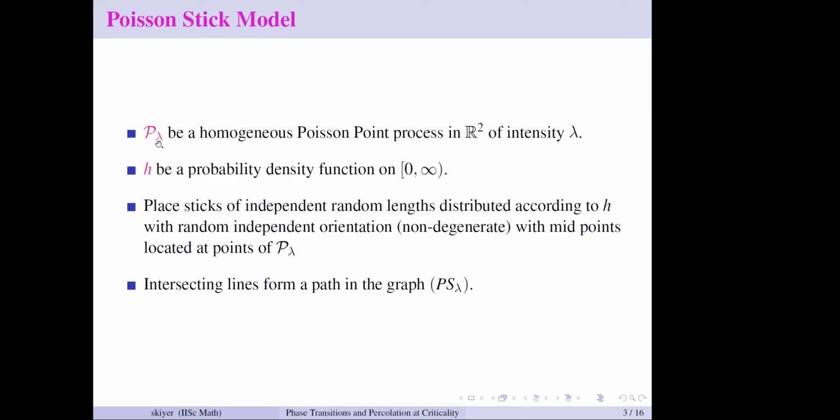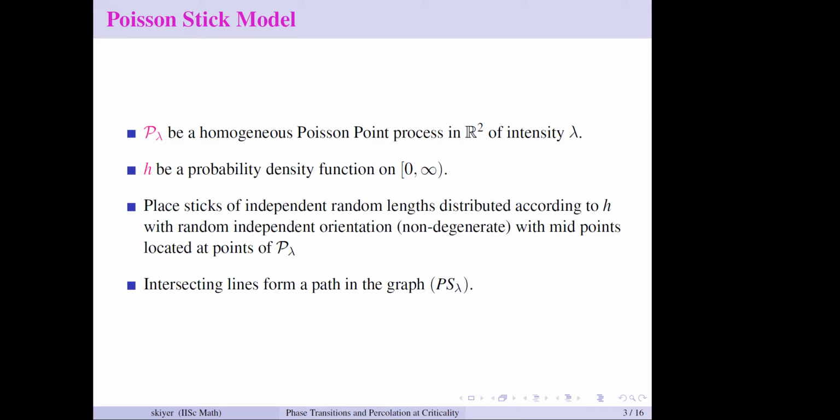What this means is that if you take any nice Borel set in R^2, then the number of points will be distributed according to a Poisson distribution with mean equal to lambda times the Lebesgue measure of that set. And if you take two disjoint regions in space, then the numbers of points are independent.